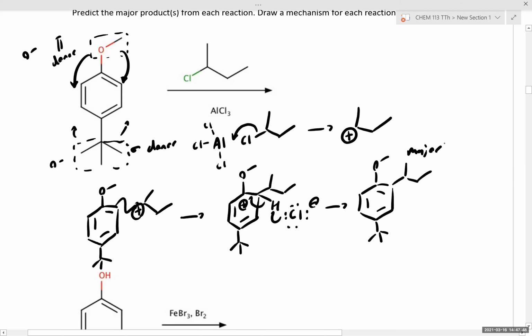We don't typically see polyalkylation for these hindered substrates. If polyalkylation occurs, you would see substitution adjacent to the less hindered methoxy group, not only because it's a stronger directing group, but also because that minimizes hindrance.